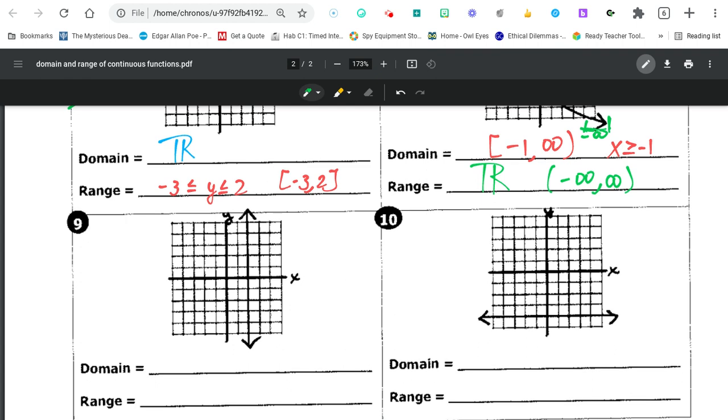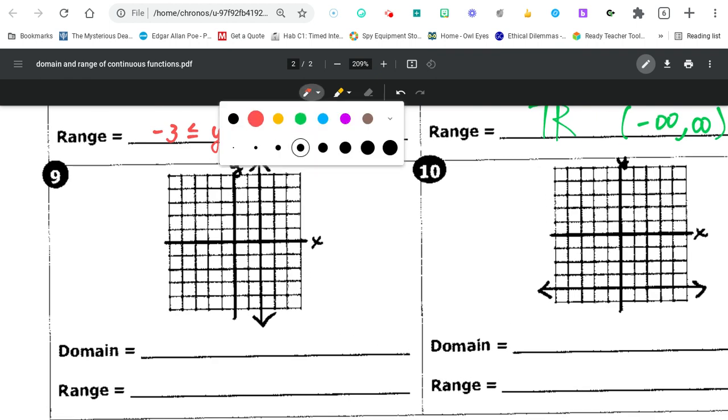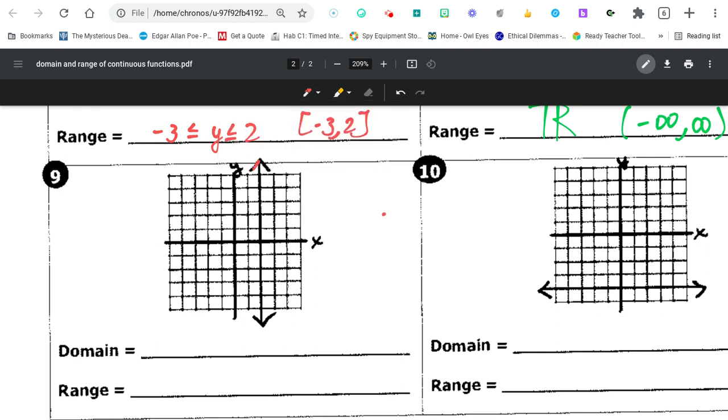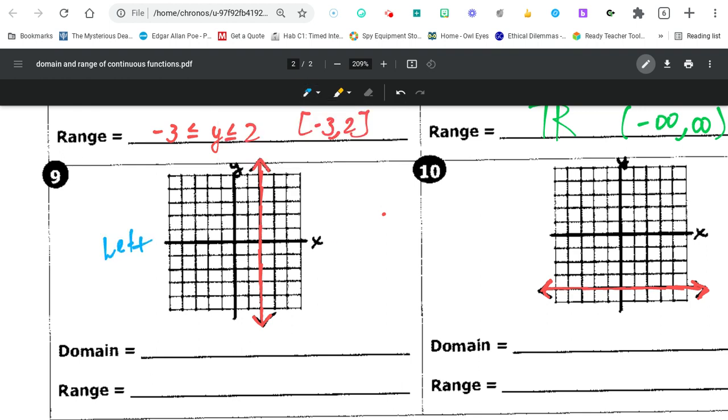Okay, this is interesting. First of all, I don't like this graph. I'm gonna make this graph red because it's hard to see. I'm gonna do this one too. All right. This one is weird because you're thinking, how far left does this thing stretch and how far right does this thing stretch?